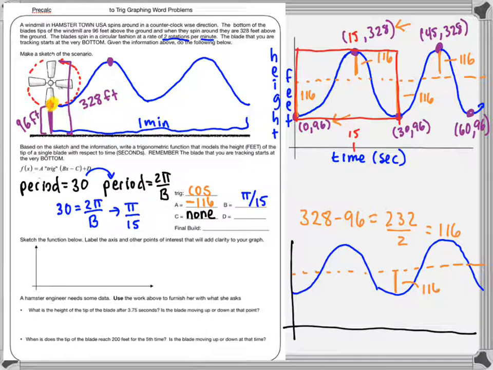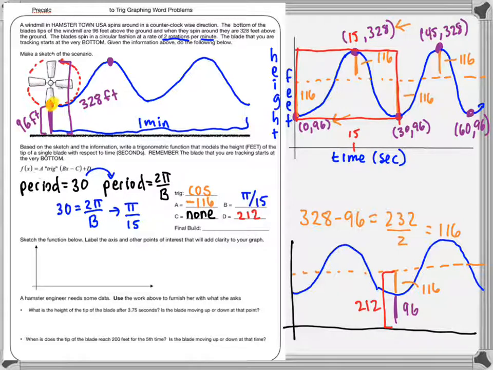We know that much. And then this distance is going to be 96. So if I add those two up, that gives me 212. So the entire distance that the graph has been raised vertically is 212, and that is what D is.